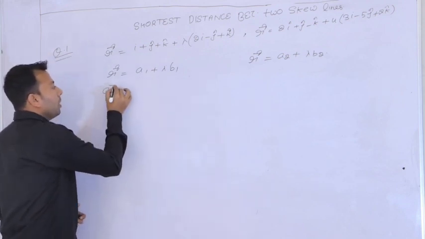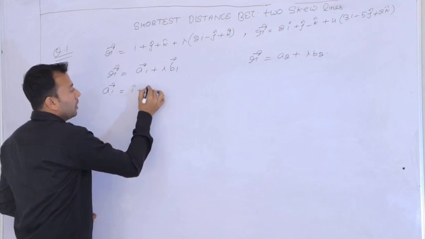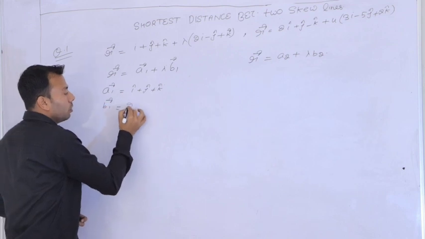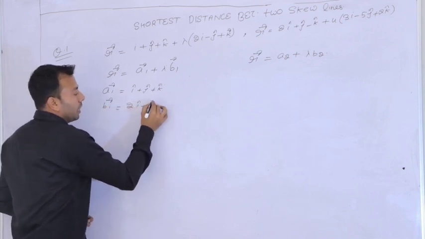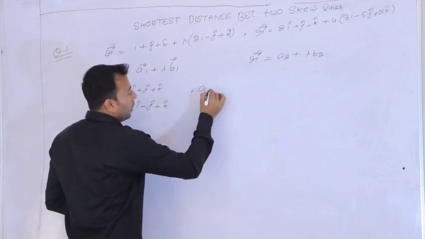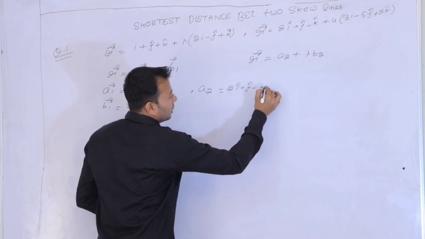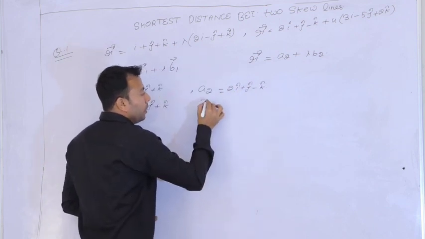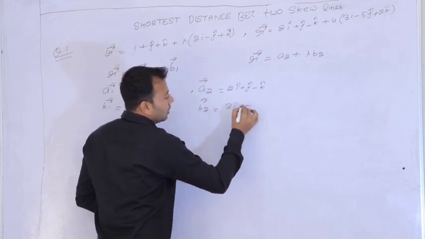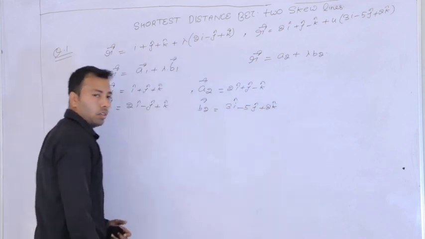So a1 vector is equal to i plus j plus k vector. b1 vector is equal to 2i unit vector minus j unit vector plus k unit vector. And a2 vector is 2i plus j minus k unit vector. b2 vector is 3i minus 5j unit vector plus 2k unit vector.